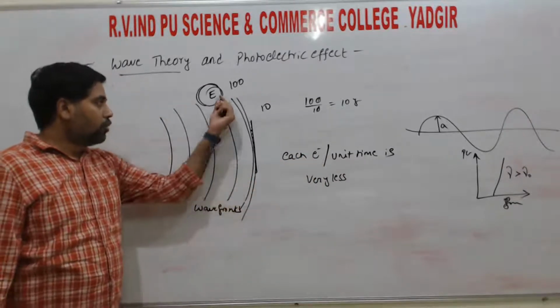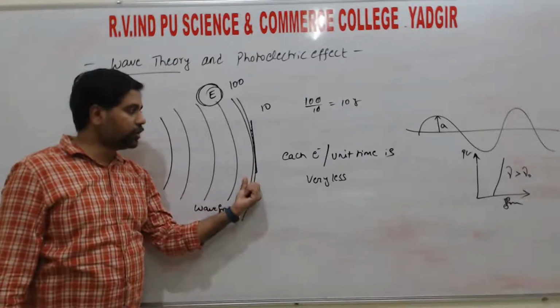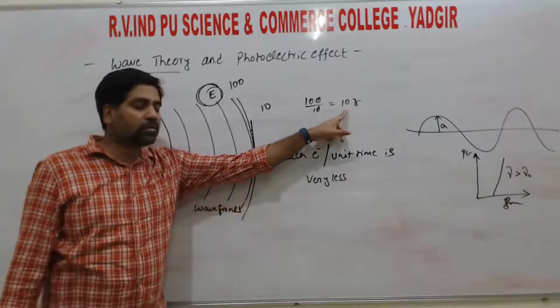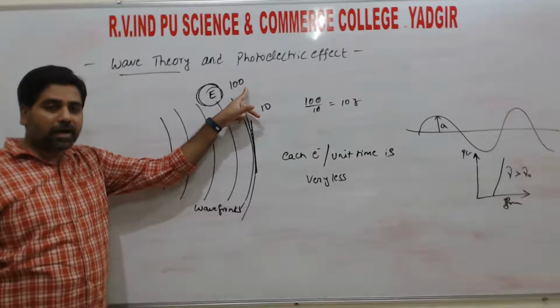So for 1 second, one wavefront is incident on this photosensitive plate, and it gives only 10 joules, but the actual energy of the wave is how much? It is 100.